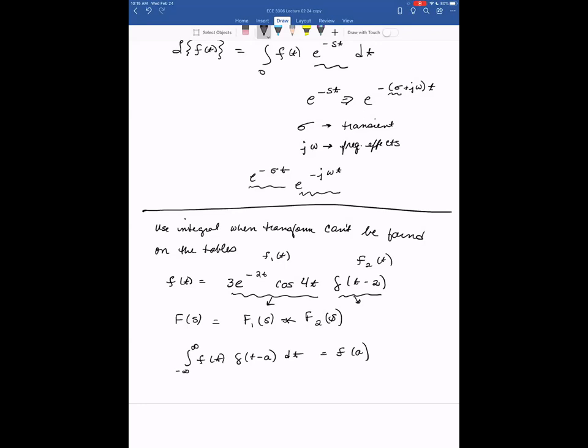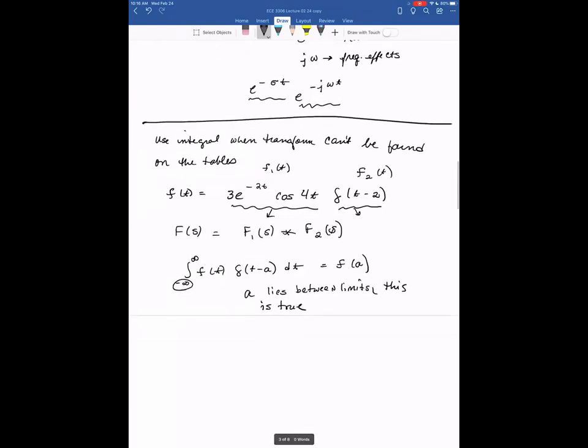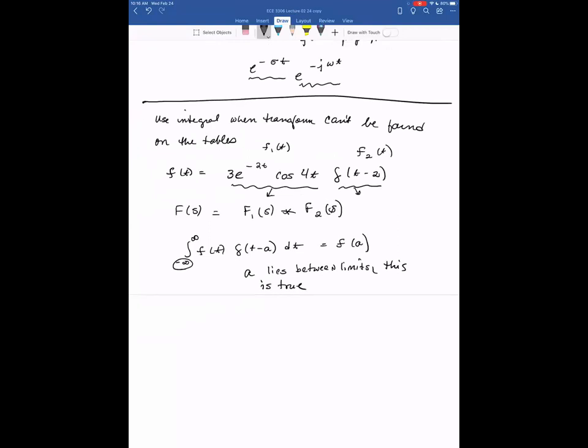A couple of comments about this. As long as a lies between the limits, this is true. So we technically don't have to go from negative infinity to infinity. We could go, as the Laplace transform goes, from 0 to infinity.